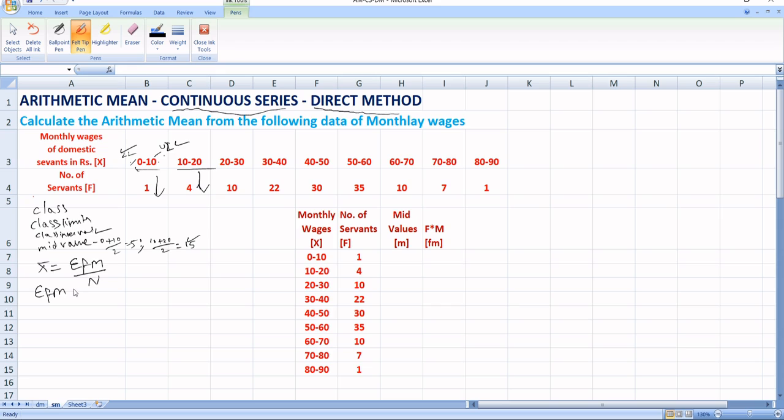Summation fm is the total of frequency multiplied with mid values.